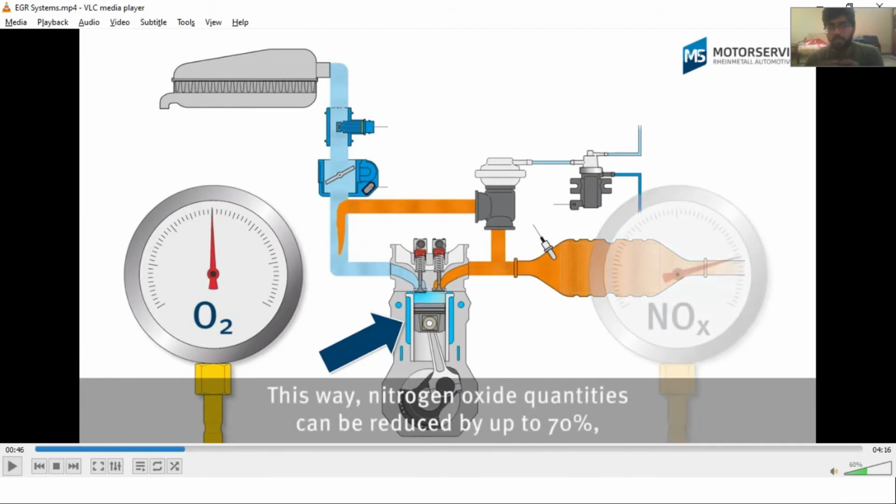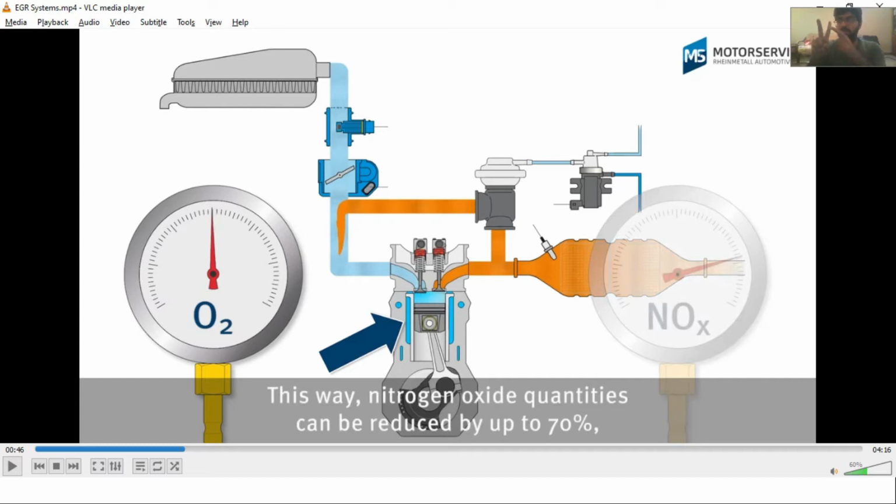So again, as you can see from this animation as well, the exhaust gases are being taken back into the intake manifold with the help of this control valve, and as a result a lesser amount of oxygen is now going into the combustion chamber. Therefore incomplete combustion will occur and lower flame temperatures will be achieved.